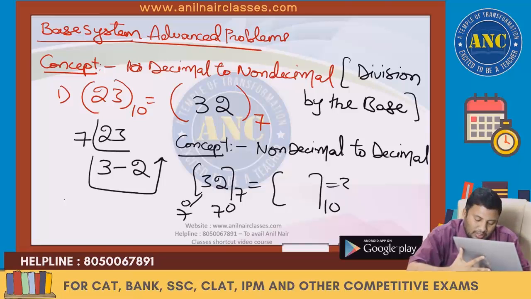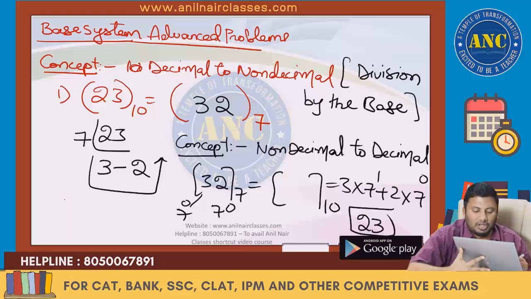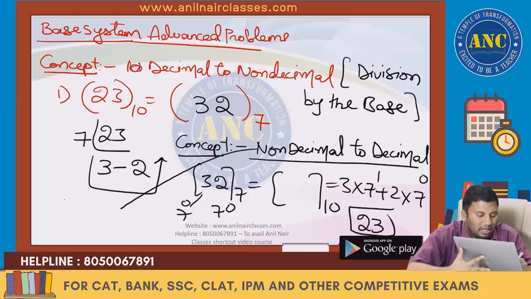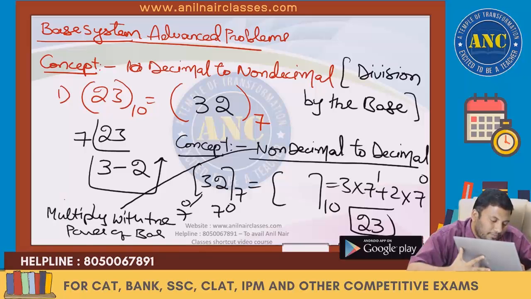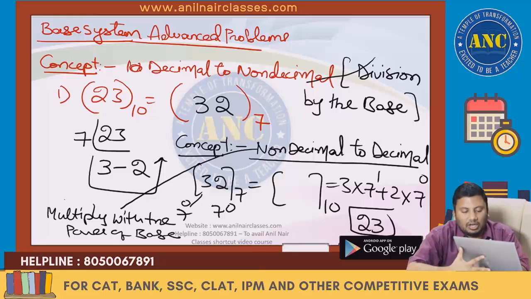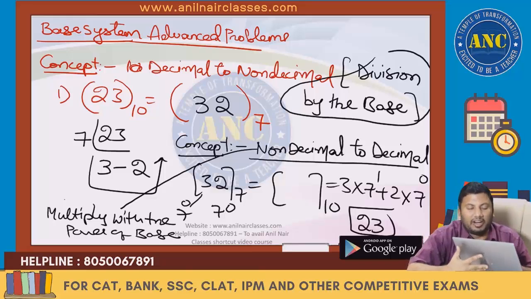So this is nothing but 3 into 7 power 1 plus 2 into 7 power 0. 21 plus 2 is 23. So non-decimal to decimal, I will multiply with the powers of base. If it is decimal to non-decimal, I will divide by the base.